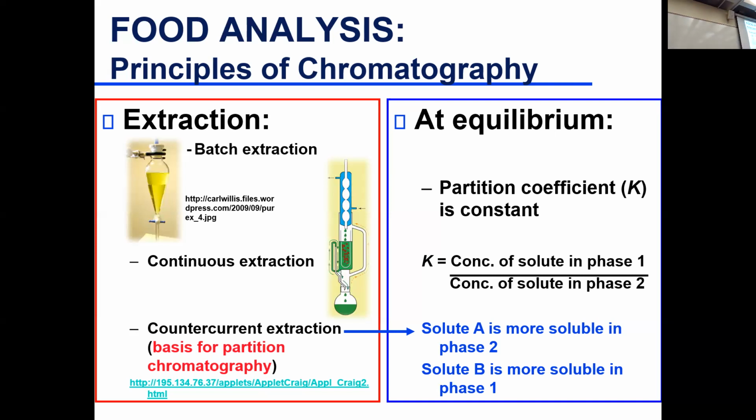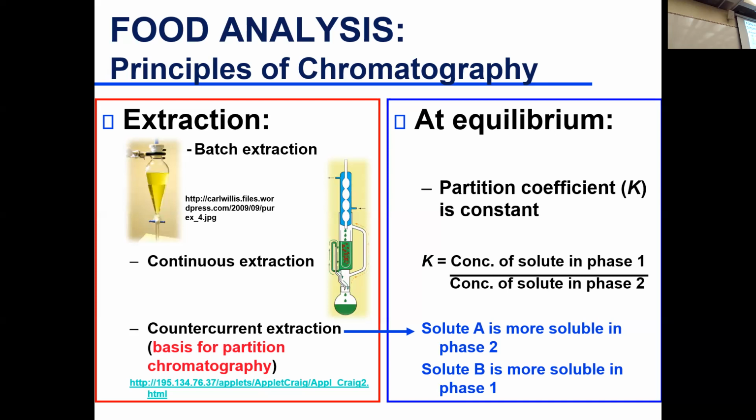At equilibrium, you get what is called the partition coefficient, which is constant. It is the concentration of the solute in phase one, usually the mobile phase, the phase that is moving, over the concentration of the same solute in phase two, the stationary phase, the phase that is not moving.